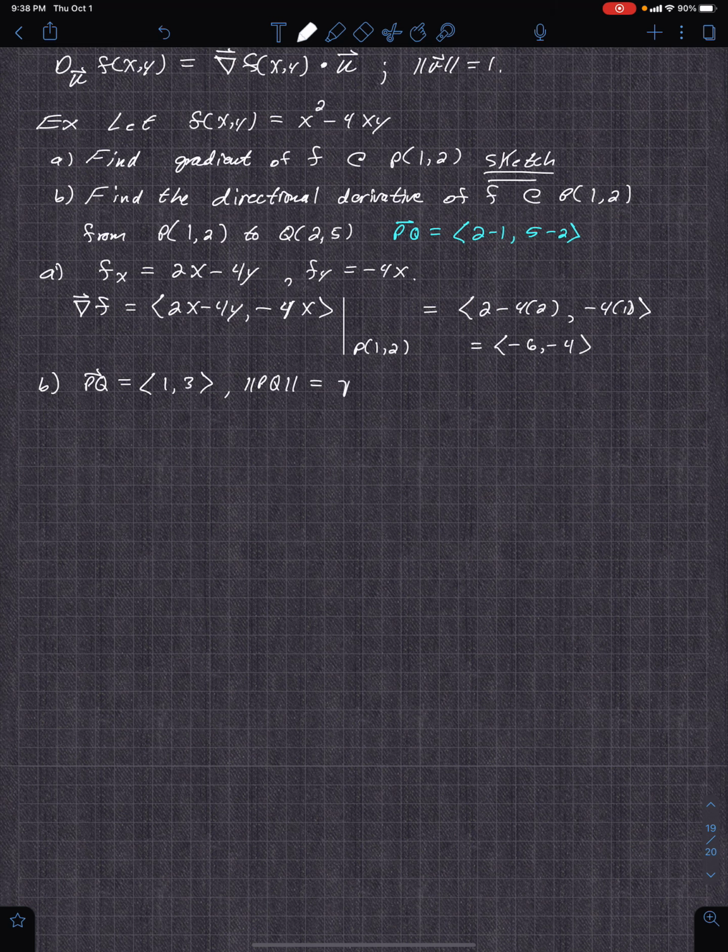That's going to be root of 1 plus 9, which is root 10. So u then is PQ over its magnitude, which is 1 over root 10 and 3 over root 10.